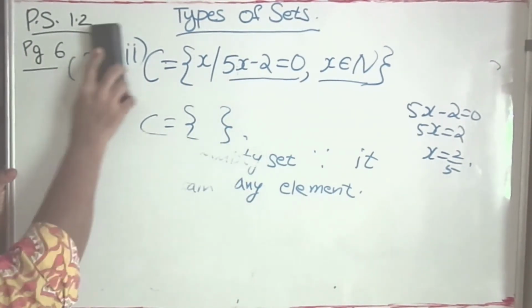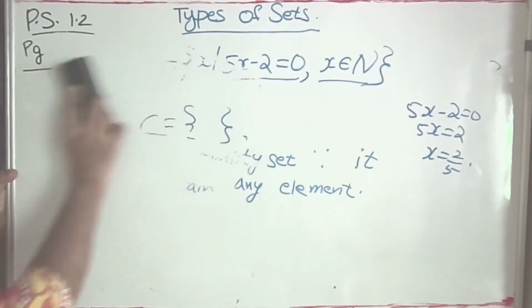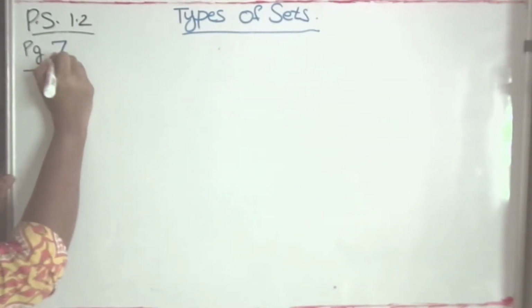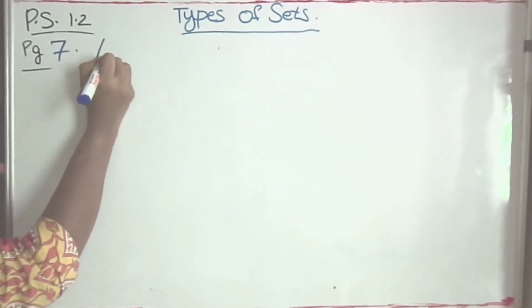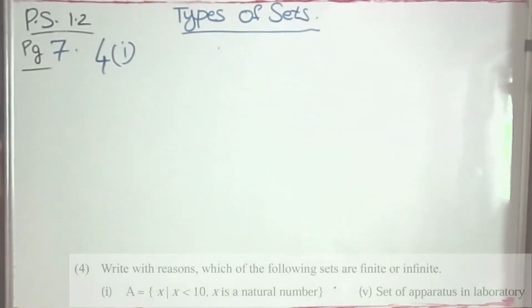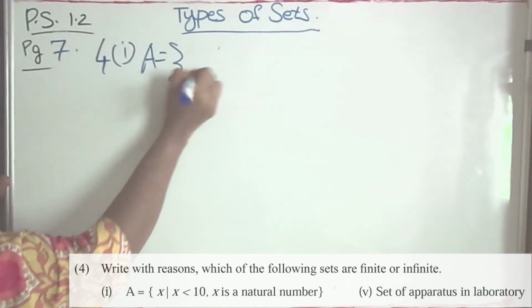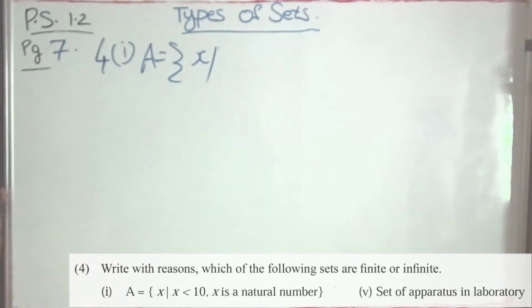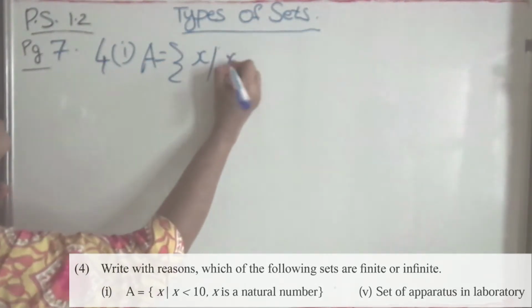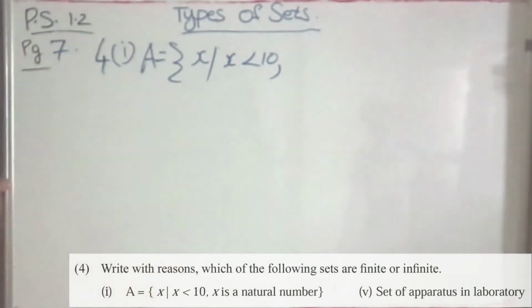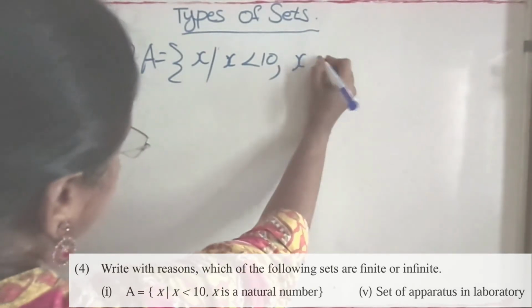So let us go to the next sum, page number 7. First one. A is equal to x such that x is less than 10, x is a natural number.